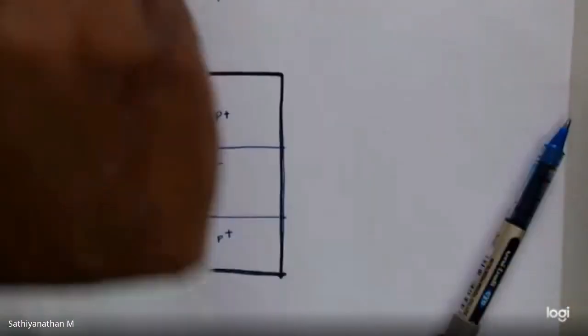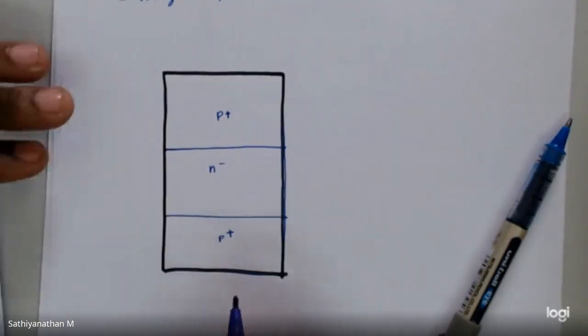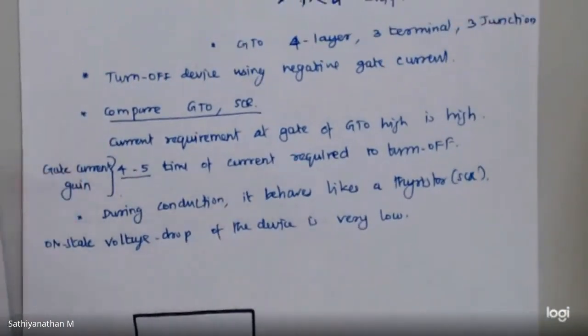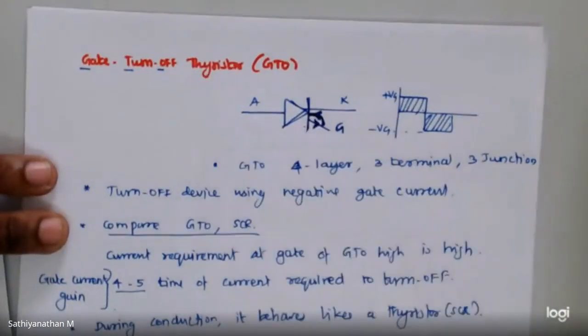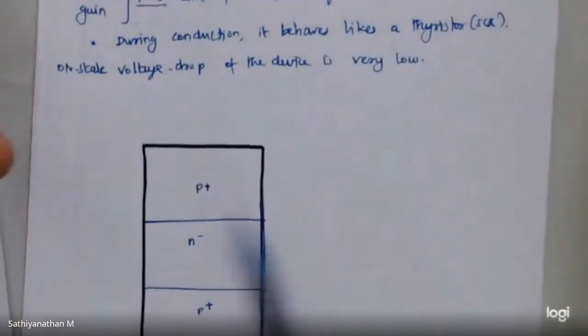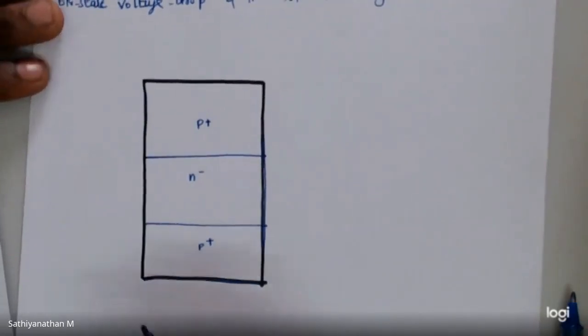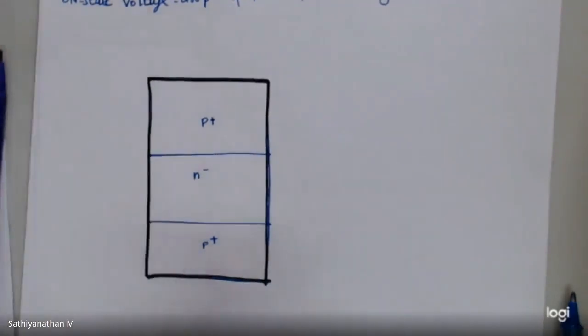And in order to form the additional buffer layer, the negative gate buffer, we are forming shorted anode terminals.